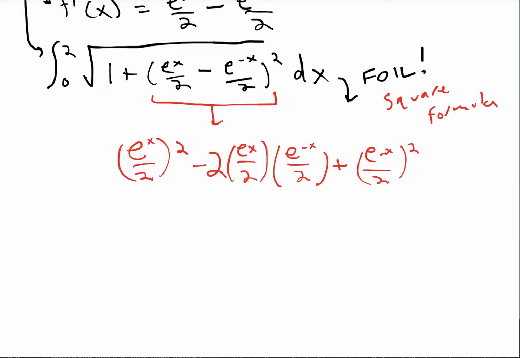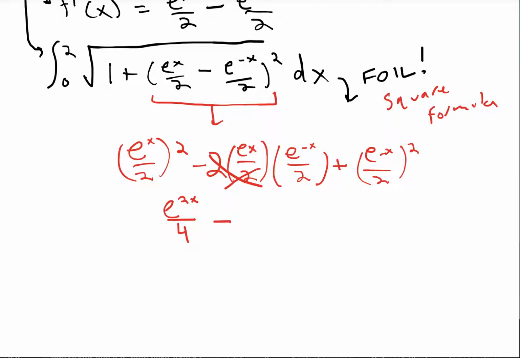Now, some comments on simplification here. First off, if you have a power raised to a power, you multiply. So this is really e to the 2x on this first piece. I'm squaring the bottom, so this will be over 4. For my middle term, I will make a cancellation here so that I'm not dealing with that extra 2 as a coefficient, but this will be a negative term.